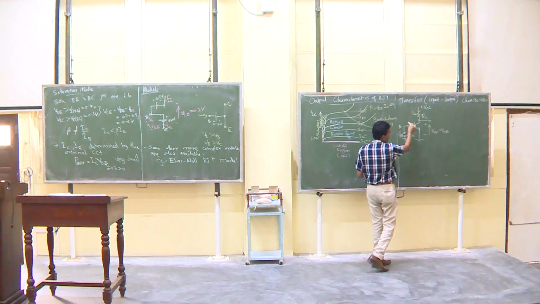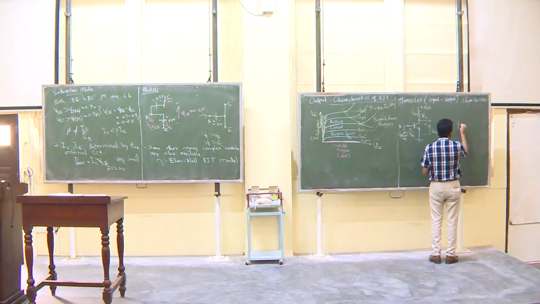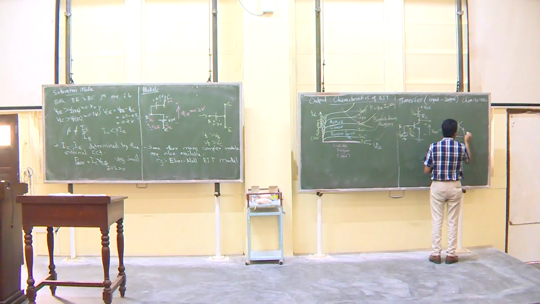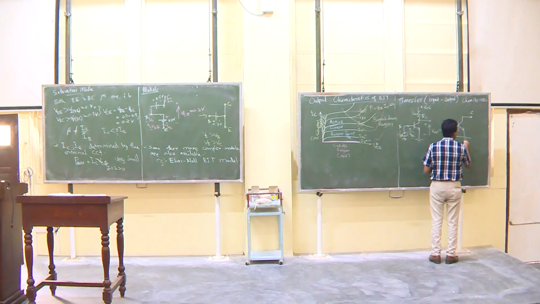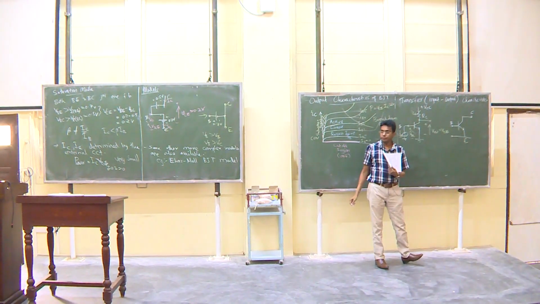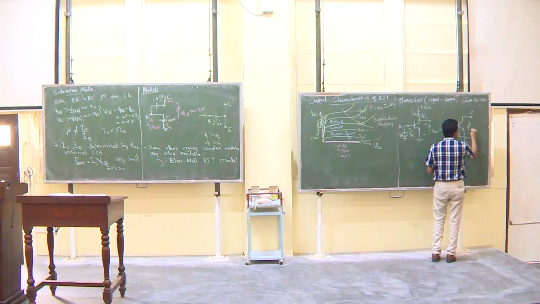So, if you look at just the transistor alone, what you have is base, collector, emitter, right, where this is the input VBE and this is the output VCE.